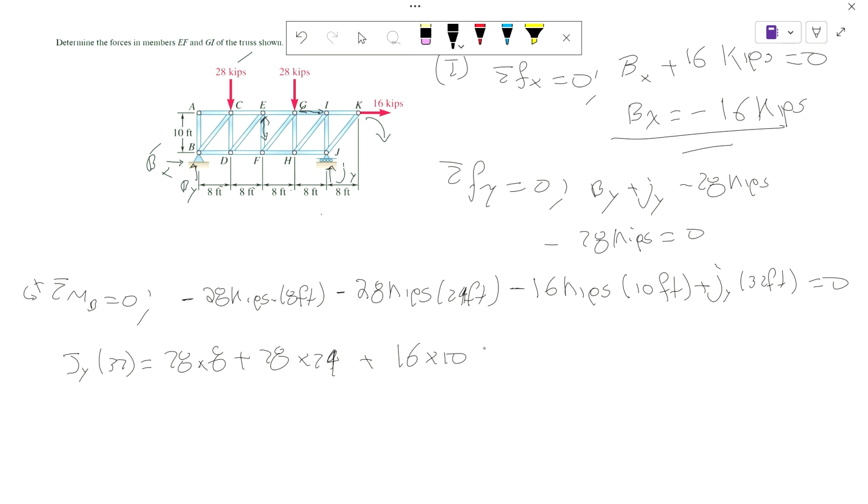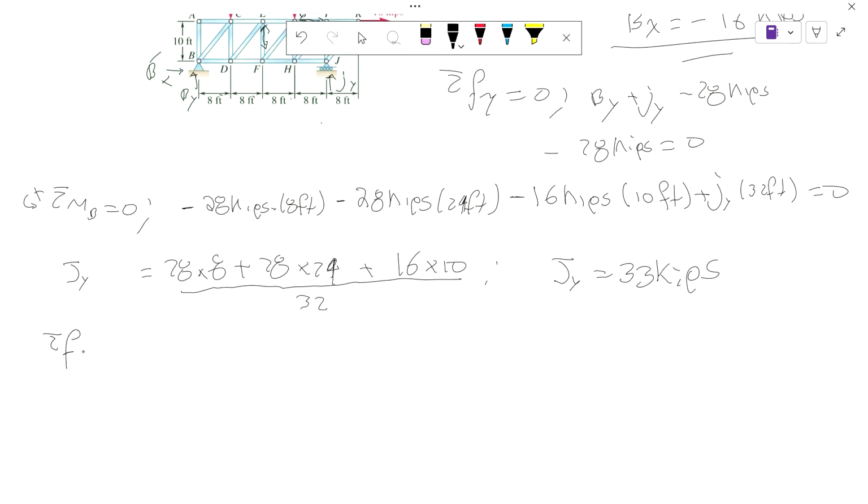All right, so Jy equals 33 kilopounds. Okay, perfect. So we can go back to forces in Y and solve for By.